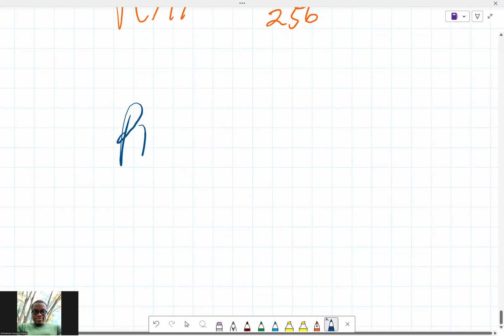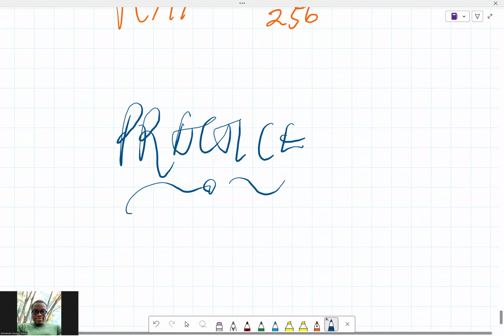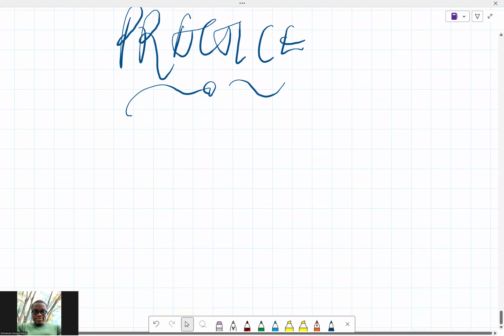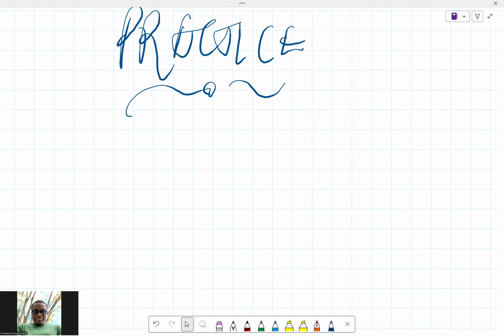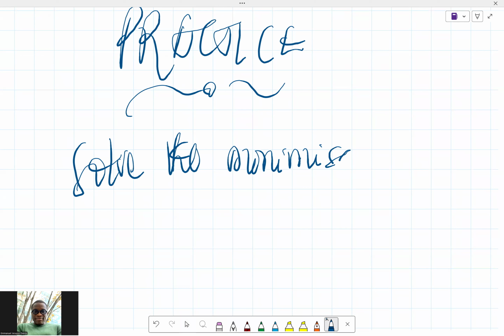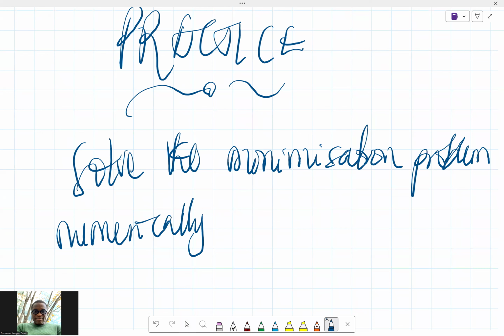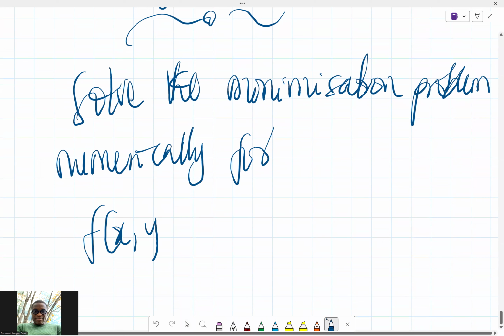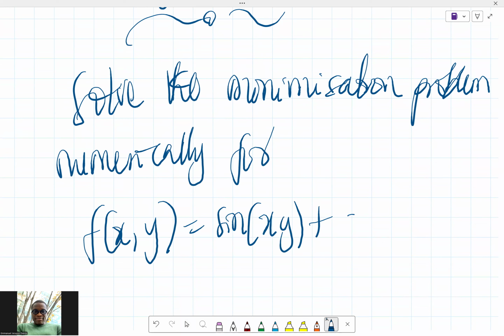For practice, solve the minimization problem numerically for f of x comma y equals sine xy plus x squared minus y squared. Okay, so you want to solve that.